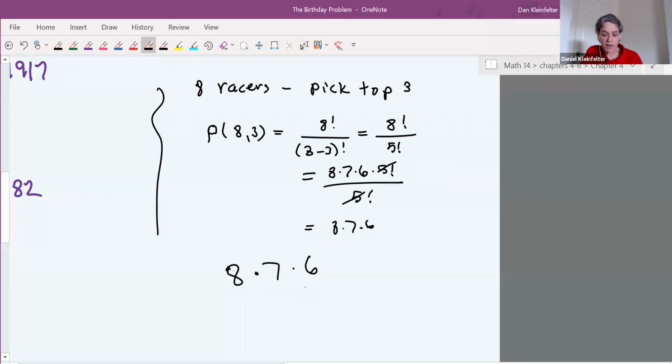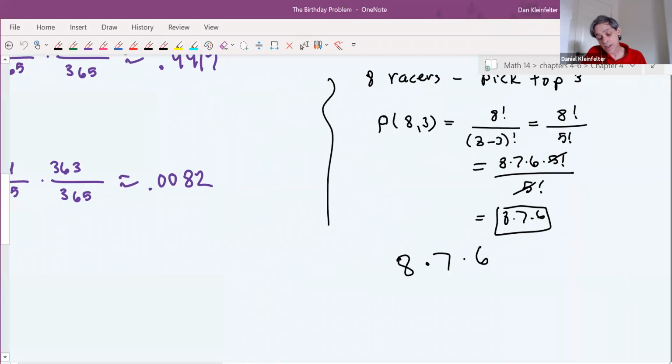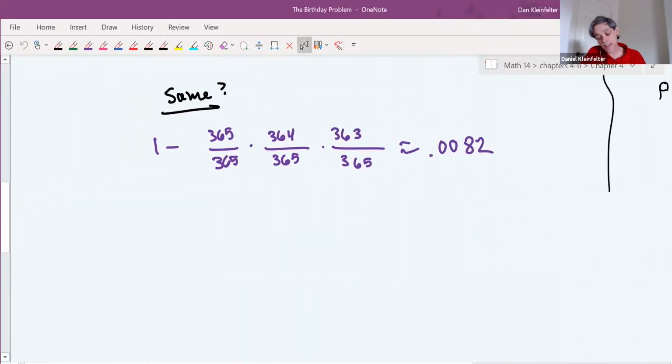So that's 8 times 7 times 6, and that's consistent with what we got using permutations. So you'll notice that here, taking permutations of 8 things, 3 at a time, gave us this calculation, 8 times 7 times 6, which starts at 8 and counts down by 1 and goes a distance of 3 numbers. So we can use that permutations idea in this context with the birthday problem.